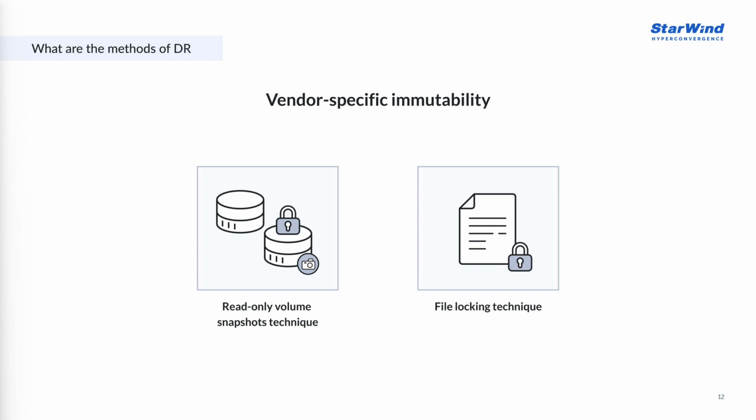Now, the first one is read-only volume snapshots. The operating principle here is quite simple. You need the file system, for example ZFS, which is openly available and can create read-only snapshots, basically immutable snapshots.